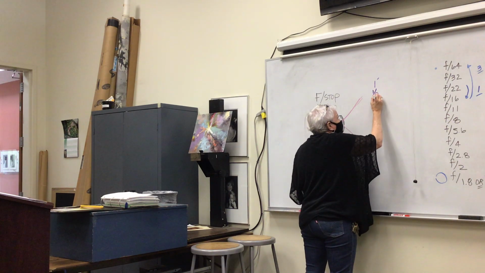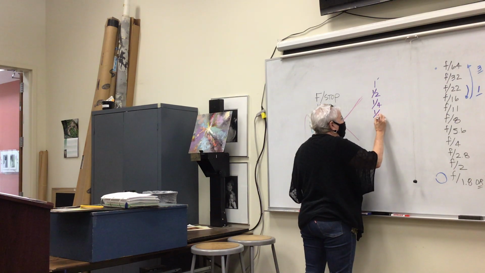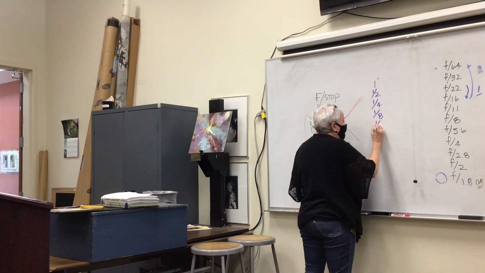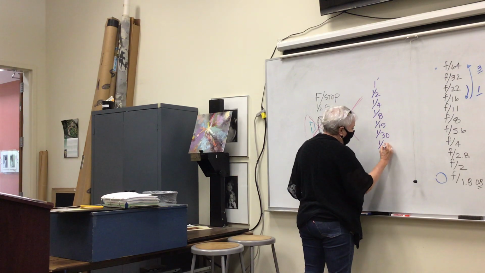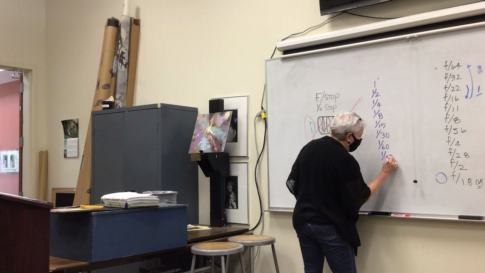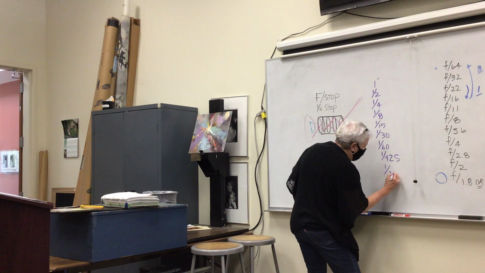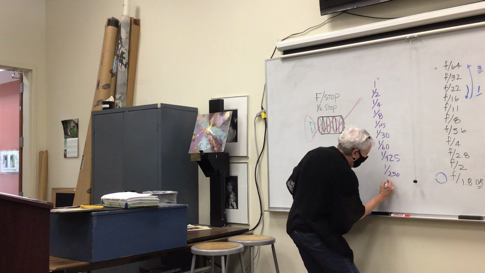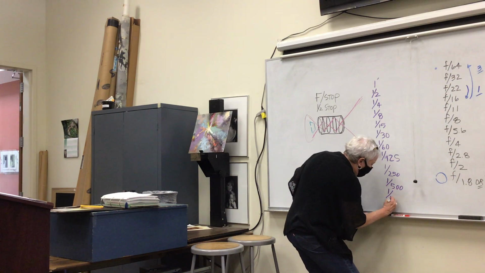Now it's a half, then it's a fourth, then it's an eighth, then it's a 15th, then it's a 30th, then it's a 60th, then it's a 1/125th. Then it's a 250th, 500, and 1/1000.